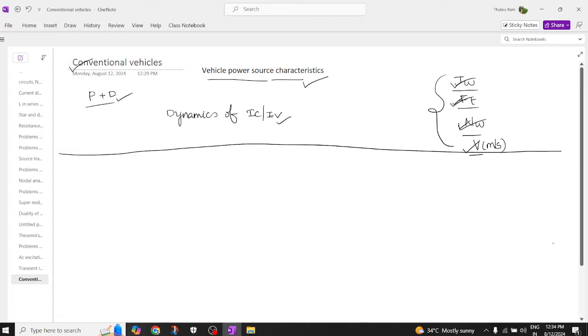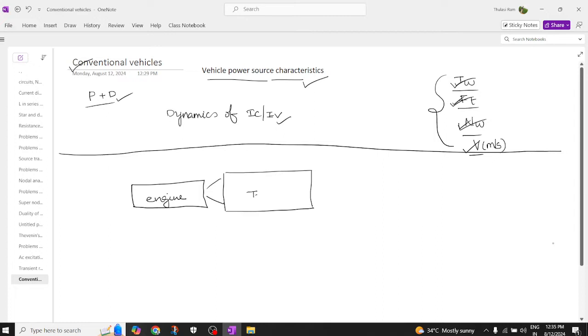First, let's assume that in an IC engine we are going to have an engine here. So this is nothing but the engine, and this engine is connected to the transmission. We generally call it a gearbox.